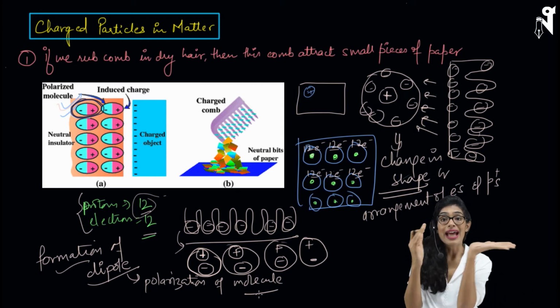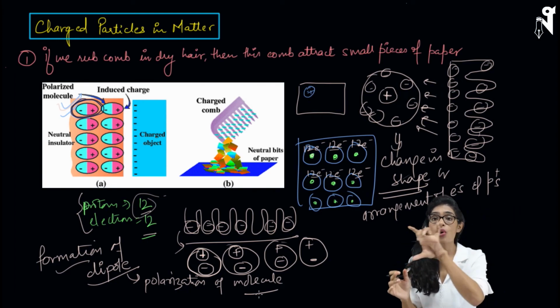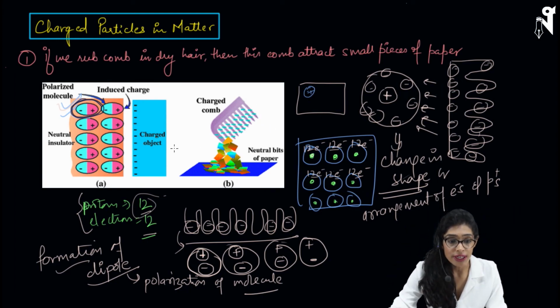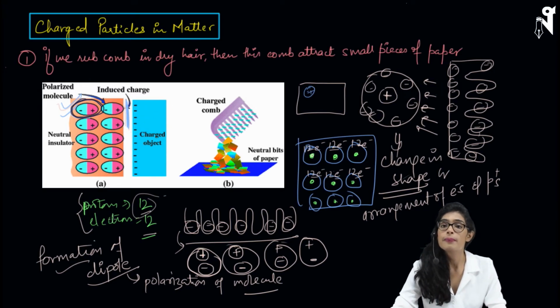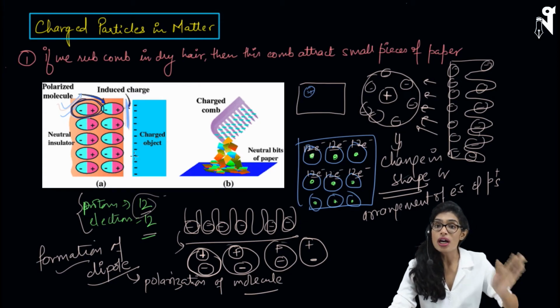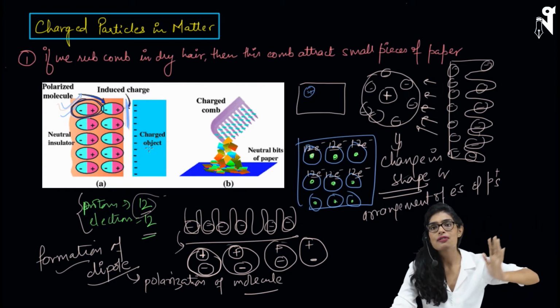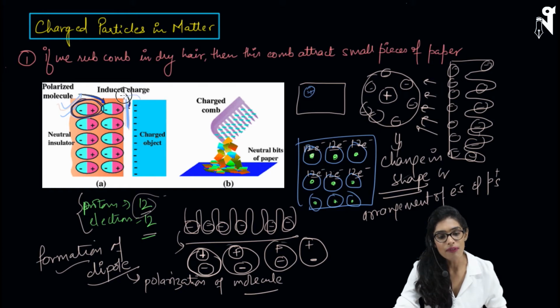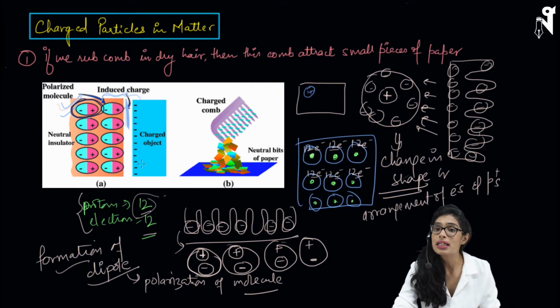Positive charge has accumulated on the surface which is closer to the negative charge of the comb, whereas the negative charge has gone away and is far from the area where the negative charge of the comb is.